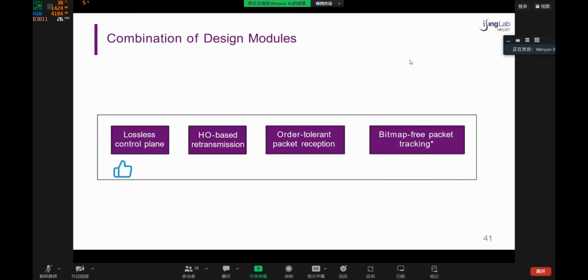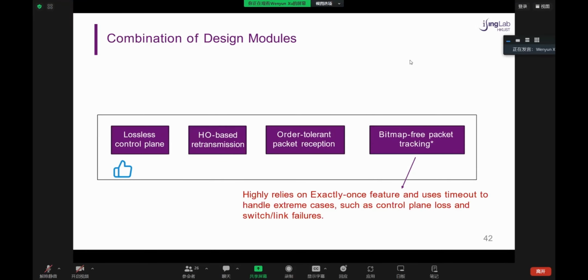Finally, I would like to talk about the combination of design modules. Ideally, all of the design modules should be used together. However, it's important to note that this bitmap-free packet tracking relies heavily on the exactly-once feature. Therefore, in environments with very frequent failures, this approach may not be suitable.